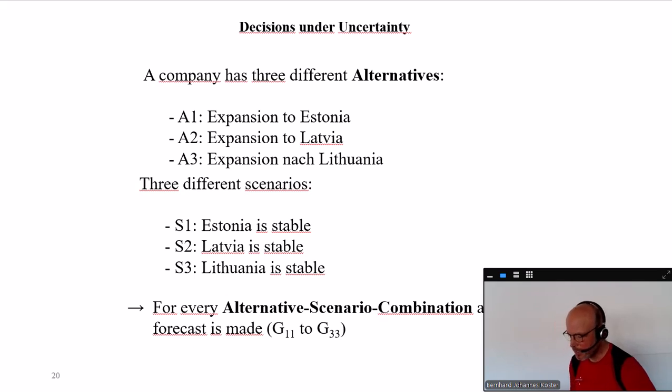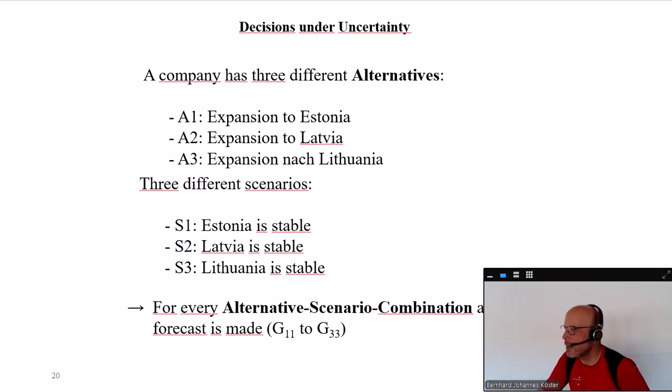So let's think about a company. They want to expand to the Baltikum. There we have three countries, Estonia, Latvia, and Lithuania. And let's say there was some analysis that these three countries could develop in a different way.